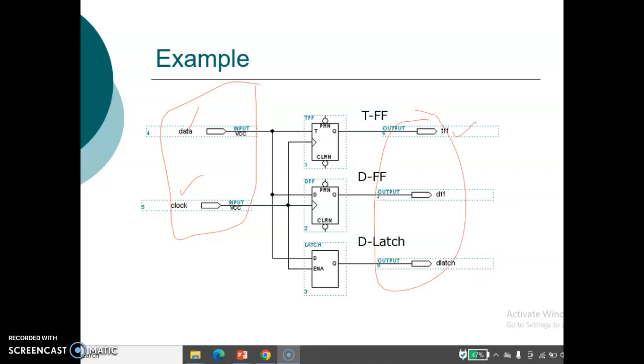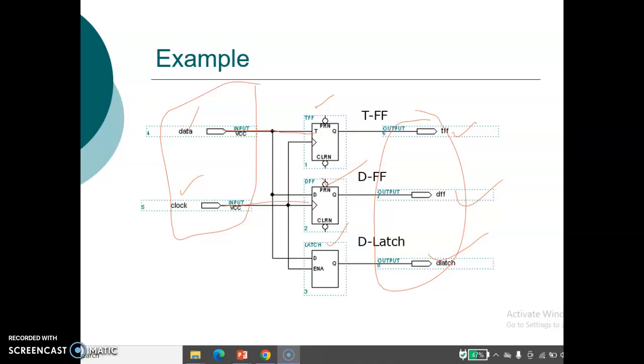TFF, DFF, D latch here, output. Here latch, TFF, DFF, latch. Here data input in this TFF, here input as the clock.